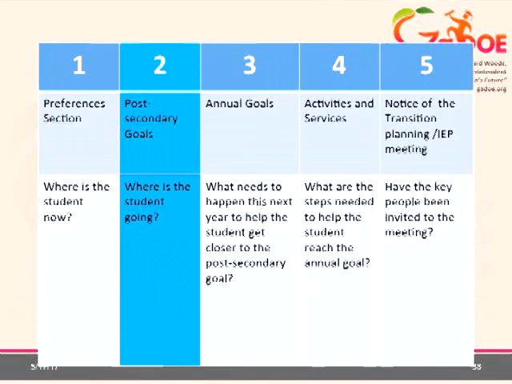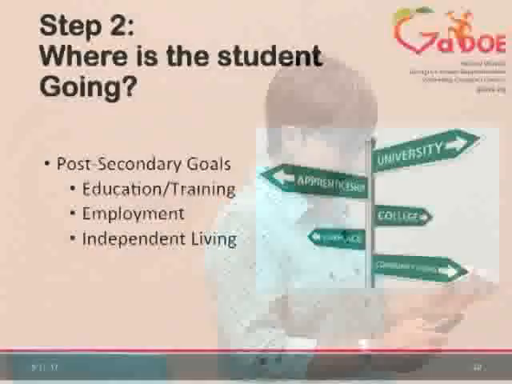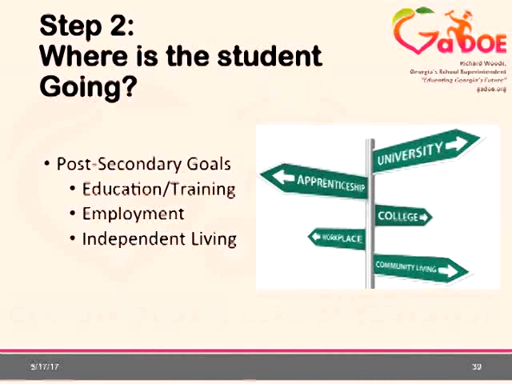All right, so hopefully you guys understand step 1, which is where's the student now? And remember, it can be summed up in that preferences section, talking about the assessments and the course of study. Now step 2 goes to the next step, which is where is the student going? And when we talk about this, we're going to focus on 3 different topics under post-secondary goals.